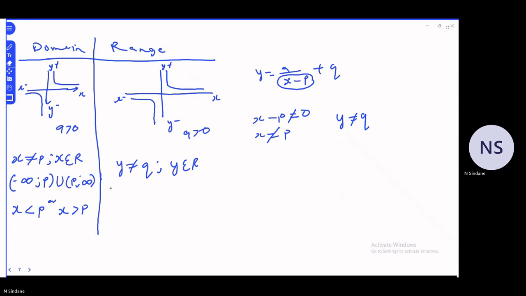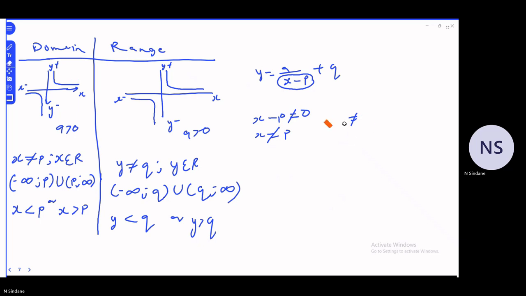And then from there, I can say from negative infinity to q, union q to positive infinity, or y is less than q, or y is greater than q. As easy as that. I got my domain and range.